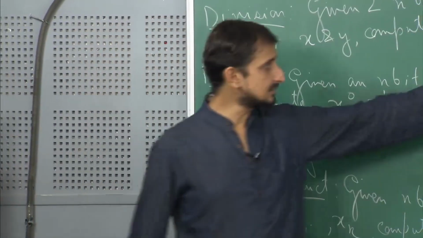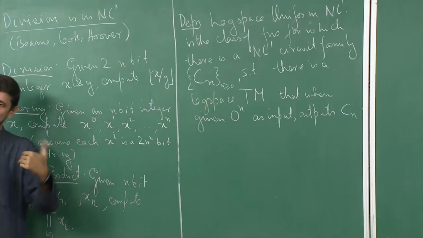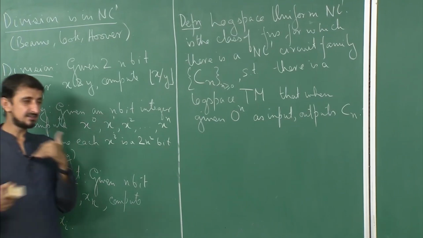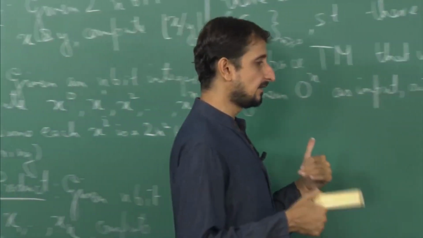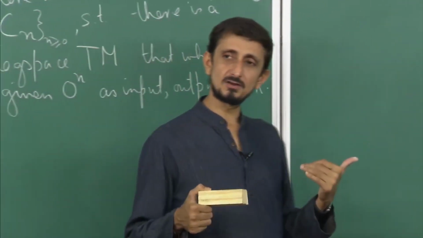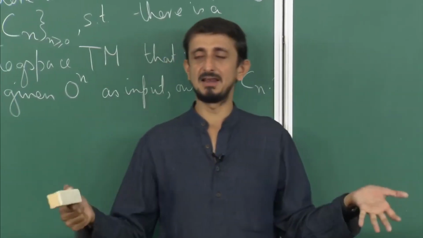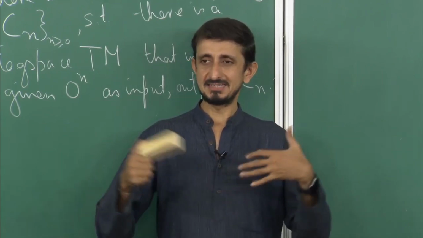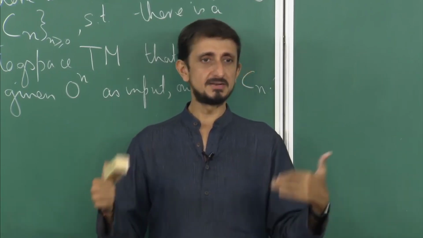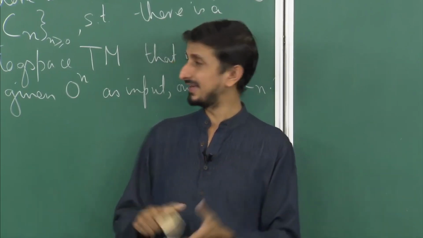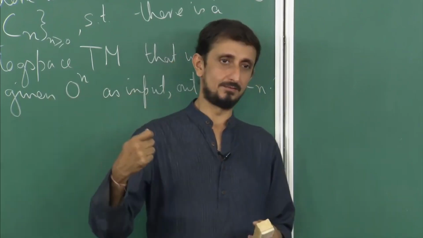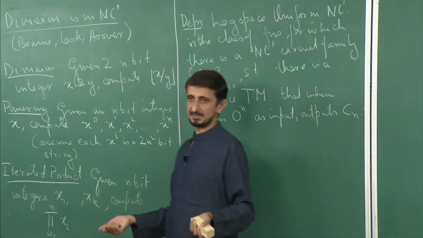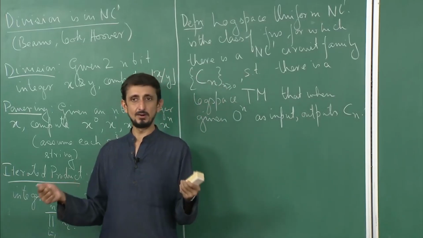When we talk about log space, it is the space of the work tape that we are concerned about. The reason is that the length of the input is n, and everything is measured as a function of the number of input bits, so when I say log, it is log of n. The input tape has size exactly n.